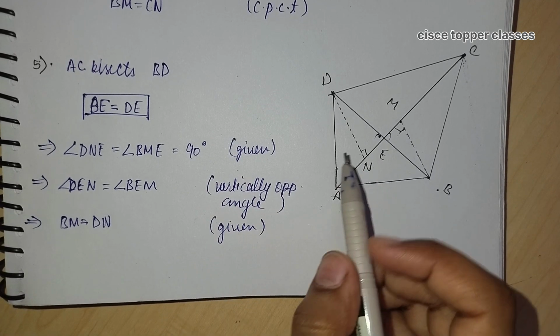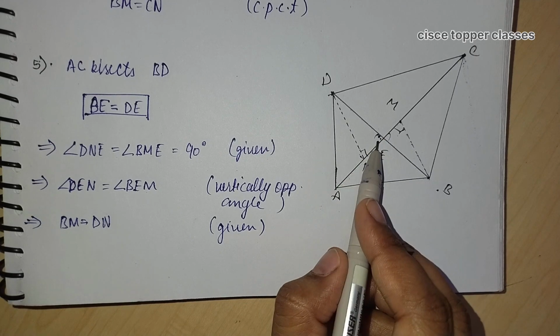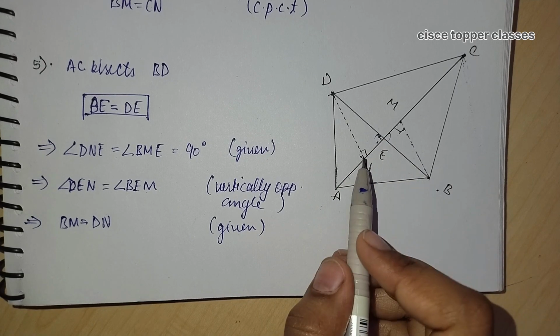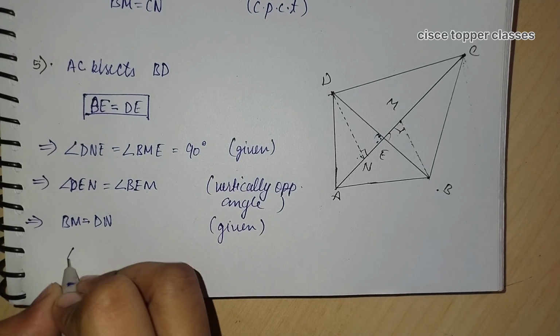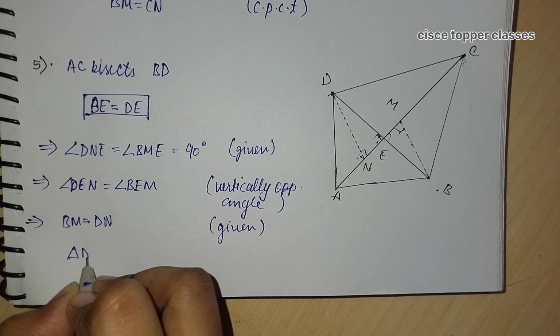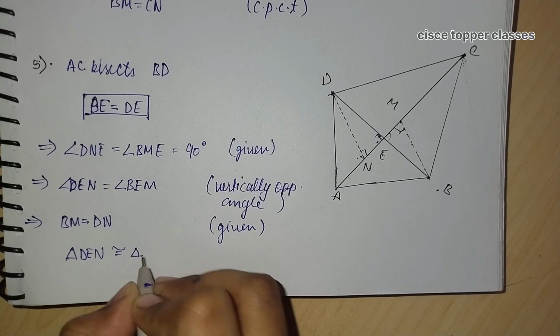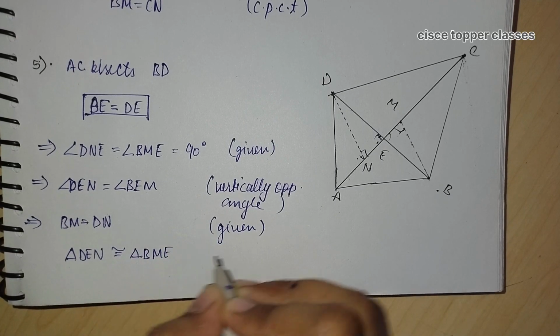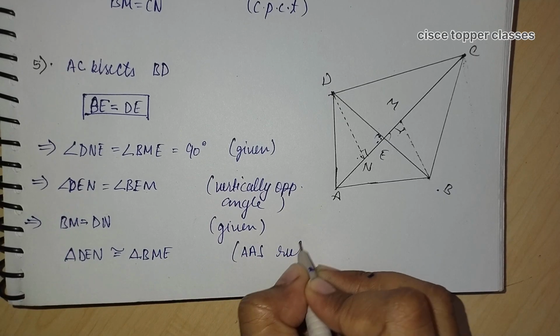Now from here we have two angles equal, and this side equal. So simply we can write here AAS rule of congruency. So we can prove that triangle DEN is congruent to triangle BME by angle angle side rule of congruency.